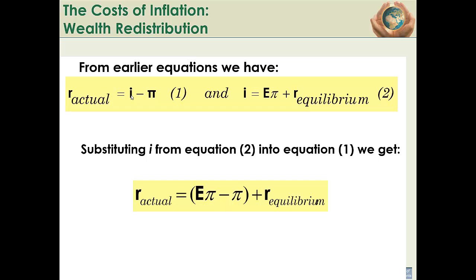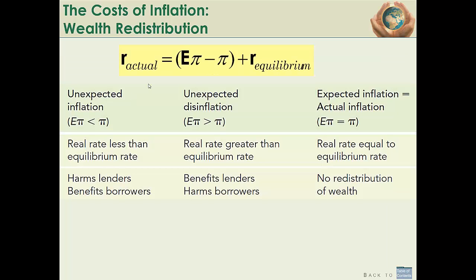Now, let's take a closer look at what this expression means. Let's focus on this term here. It says that if the expected inflation rate is less than the actual inflation rate, this term will be negative, which means that the actual return or the real rate will be less than the equilibrium rate.